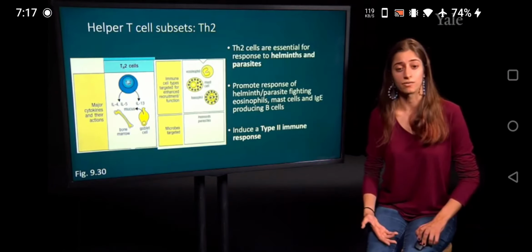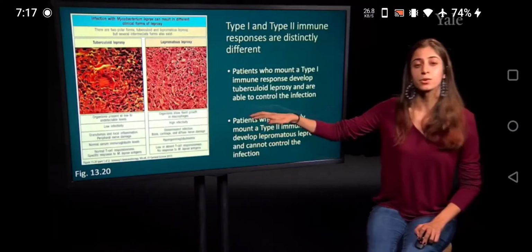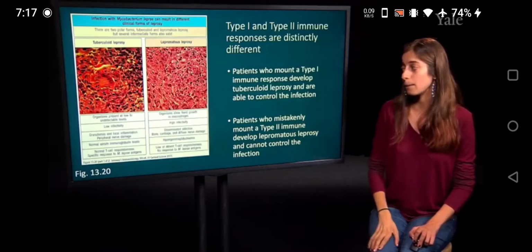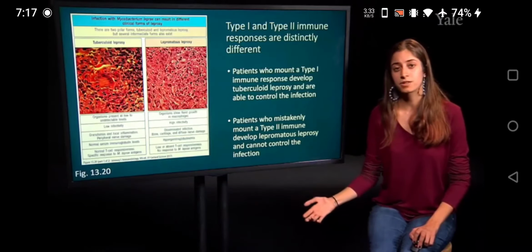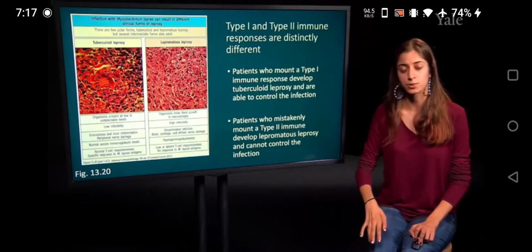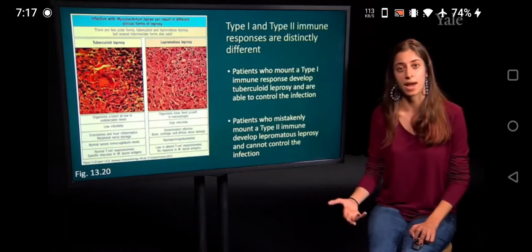A good example of this are people who suffer from tuberculoid leprosy. Some patients will activate a type 1 response, and some patients will activate a type 2 response. However, these patients respond very differently depending on what type of immune response their body has mounted.